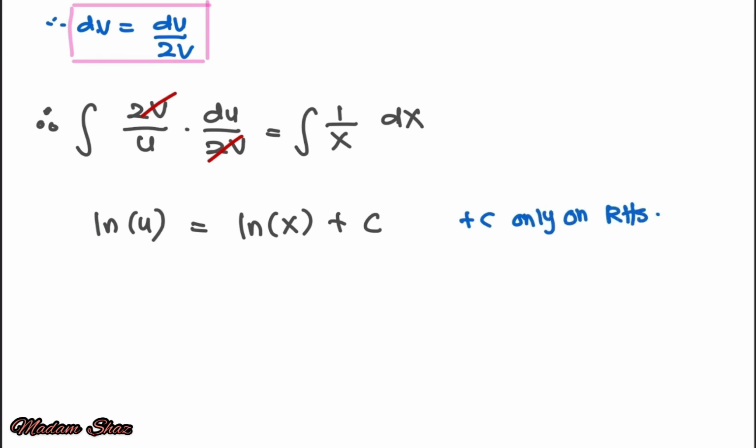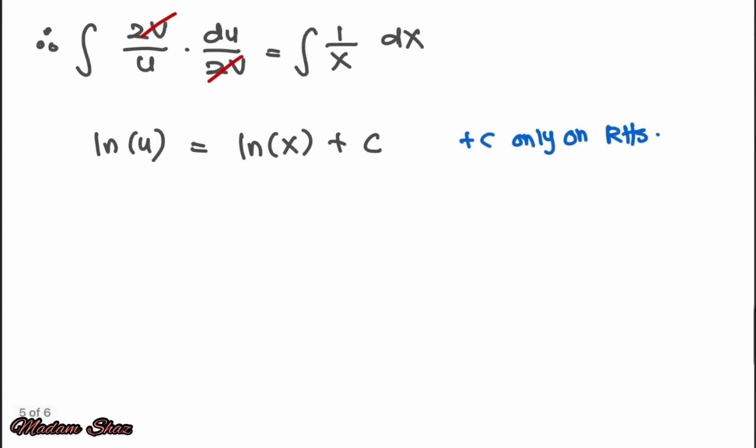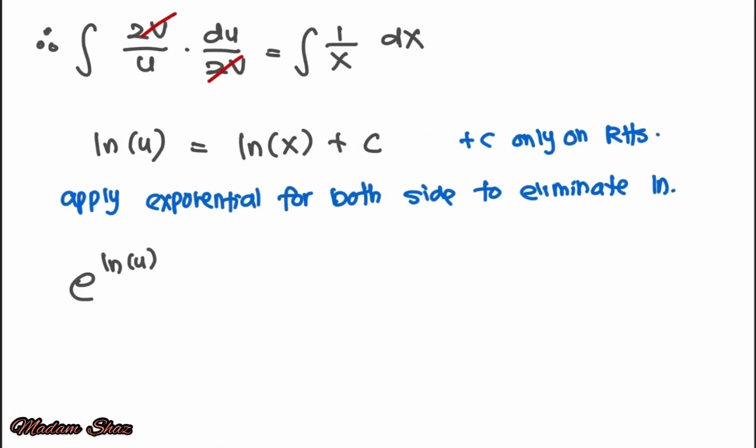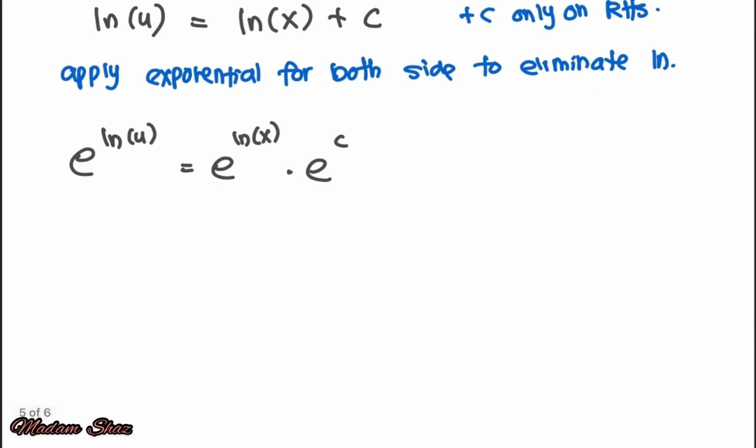Okay, so now in order to eliminate the ln for both sides, we will apply the exponential for both sides. e to the ln u is equal to e to the ln x multiply e to the c. e to the ln u will become u. e to the ln x will become x. e to the c will become another constant, which we will let become a. e to the c is equal to a.